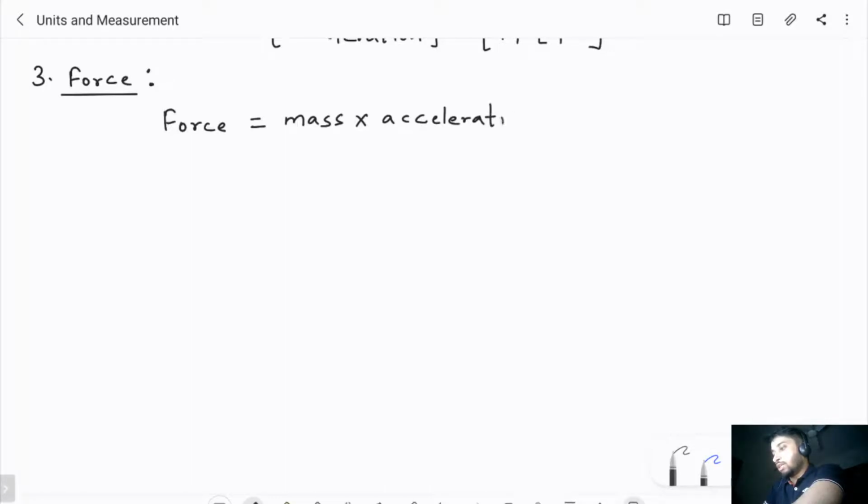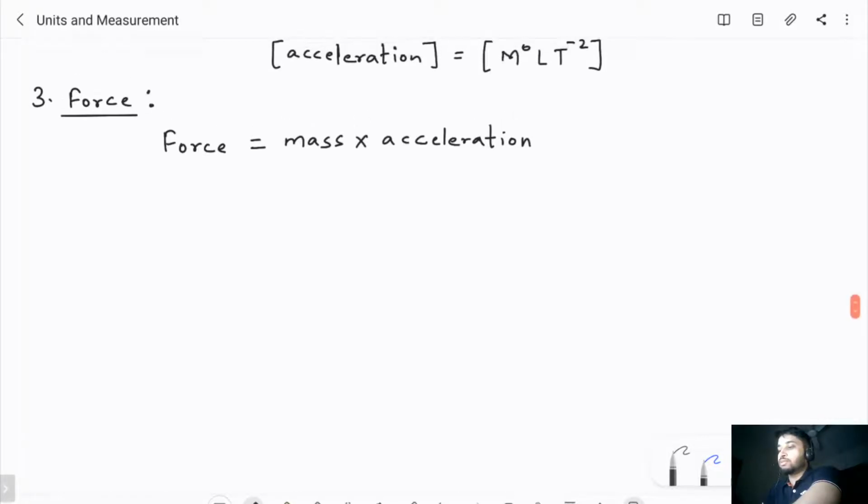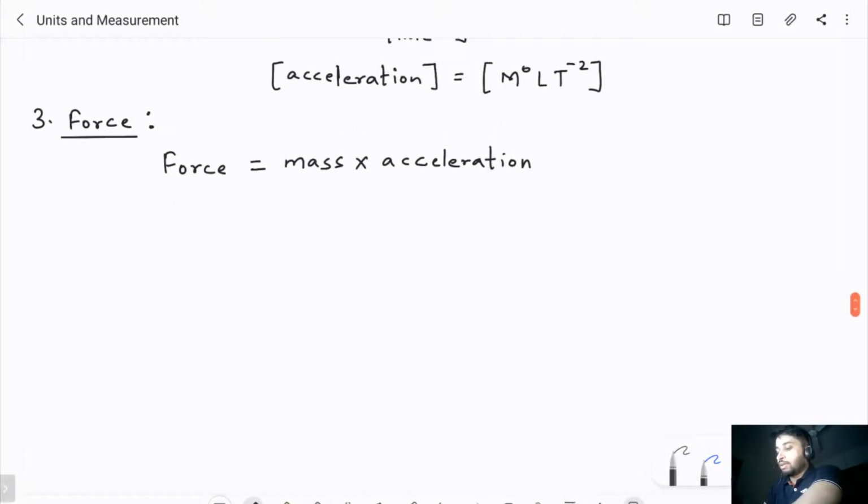Now if there is any physical quantity whose dimensional formula is already known, then we don't need to again go in terms of the base quantities. The dimensional formula for force will be same as the dimensional formula for mass into acceleration.